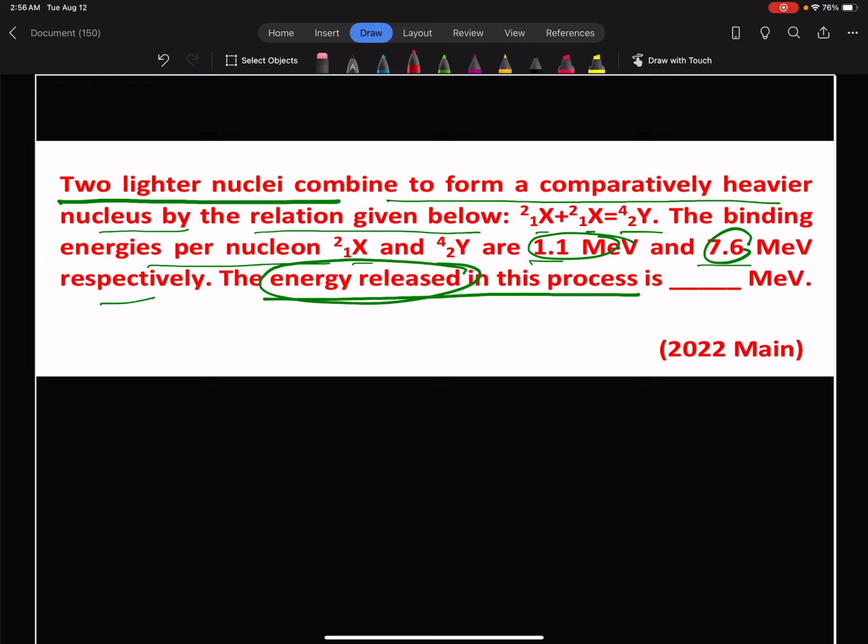So the given reaction is X plus X giving us a Y. Let us find out the total binding energy, because the binding energy is given to us per nucleon.